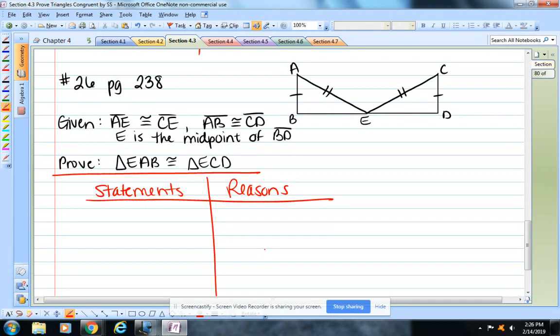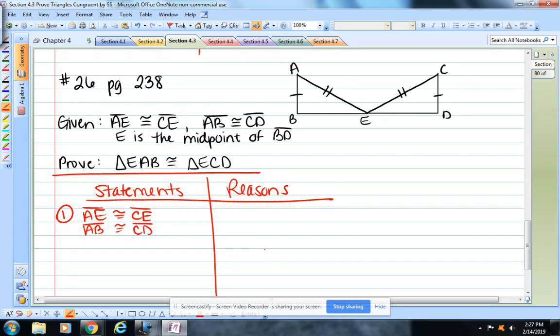All right, let me write down my givens. First of all, AE is congruent to CE. And they already marked that one, didn't they? So go back, anytime I give you something, make sure it's also marked on the picture. And if it's not, you can mark it. Okay? AB is congruent to DC or CD.